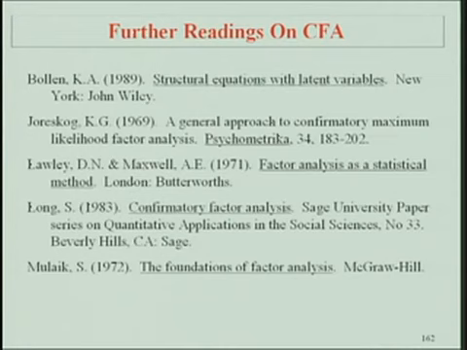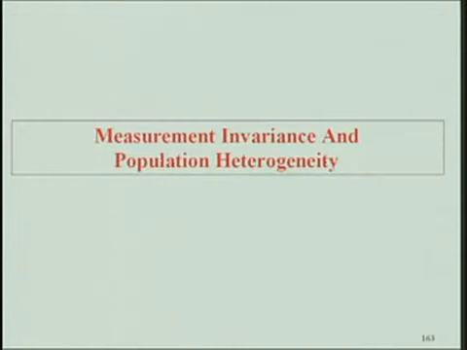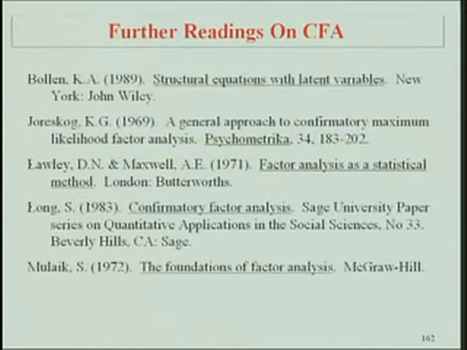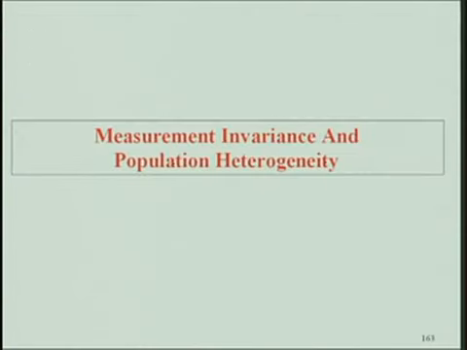Scott Long has written a Sage green series paper, or book, I guess it is, on the topic. Loehlin has written about it. Much of this writing, though, is a little bit behind the times of development, except for perhaps Ken Bollen's book. We need more books, both on EFA and on CFA. So there you have a task to carry out.